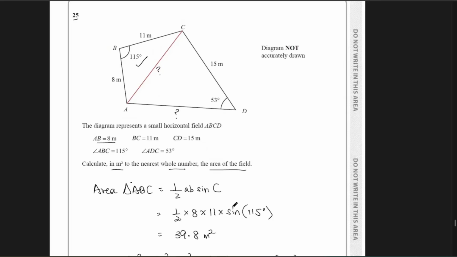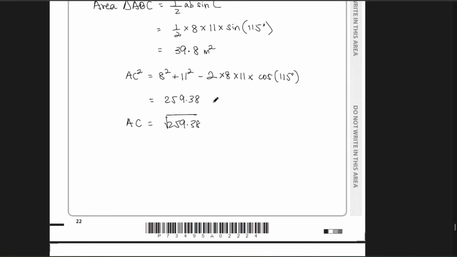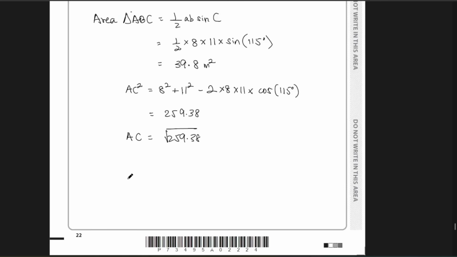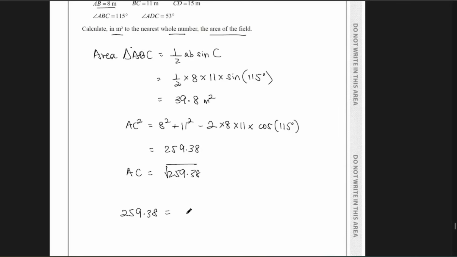Now we need to find the value of AD. So to find AD, we'll use cosine rule again. Opposite side is AC. One of the adjacent sides is AD. So we'll use cosine rule again. AC squared is equal to, so instead of saying AC squared, we can say 259.38 is equal to the sum of squares of two adjacent sides.